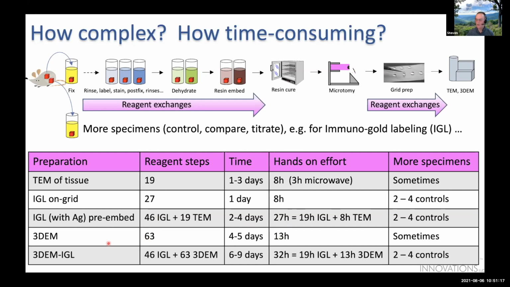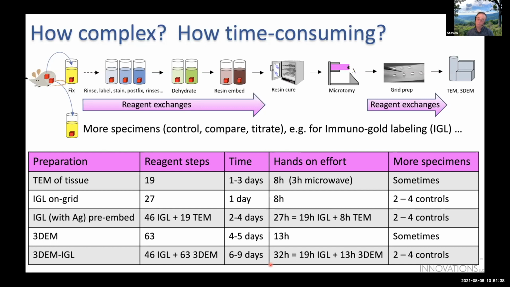And if we want to do pre-embedding silver enhancement immunogold before we are preparing the sample for 3D-EM, we're looking at 46 steps plus 63 steps over about 2 weeks of active time, or about 32 hours of very busy technical time.